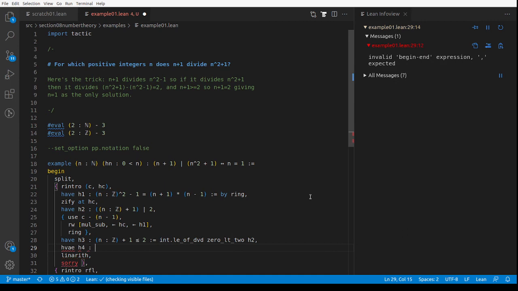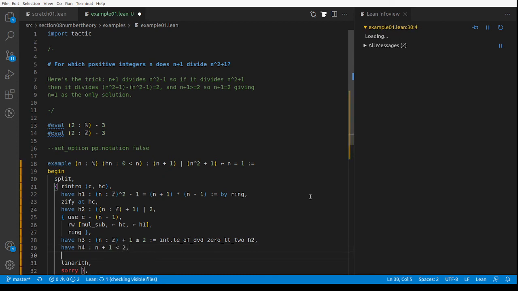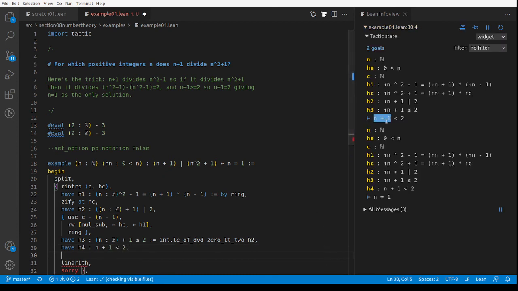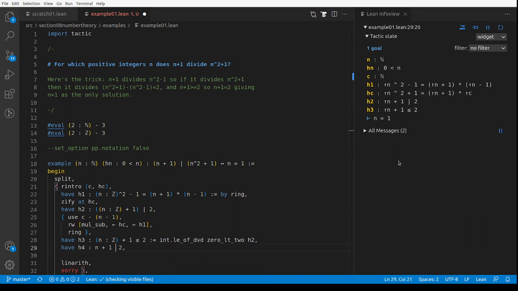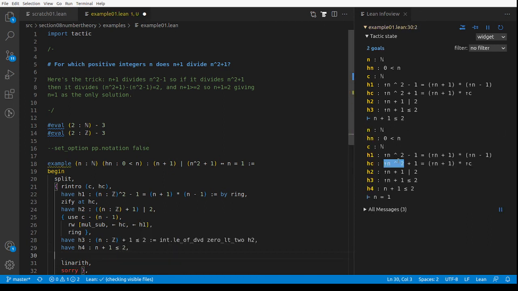Have h4 that natural n plus 1 was less than or equal to 2. And you see we have that, right? This is less than or equal to 2. This is quite confusing when you don't know this awkward difference between the naturals and the integers. It looks like that says h3, but h3 is a statement about the integer n, the integer 1 and the integer 2, and we want the natural one, the natural 2 here.